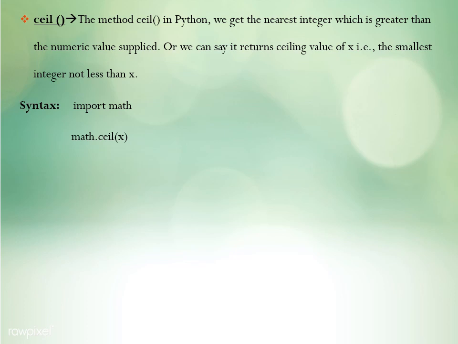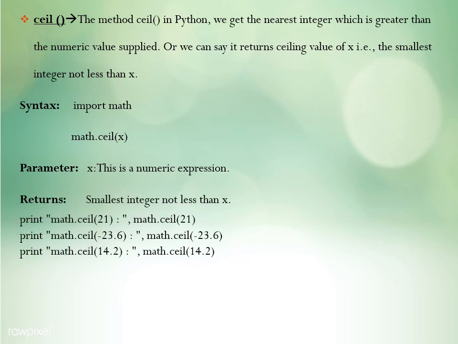Then, what is the syntax? Math.ceil of x. X is a parameter and it is a numeric expression. And we will find the result, the smallest integer not less than the x value. I am taking some examples here.